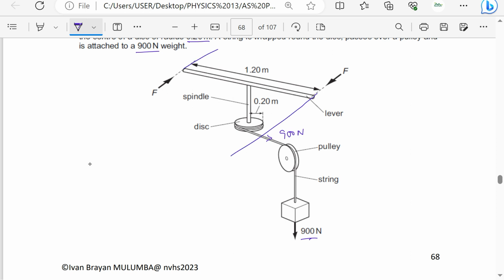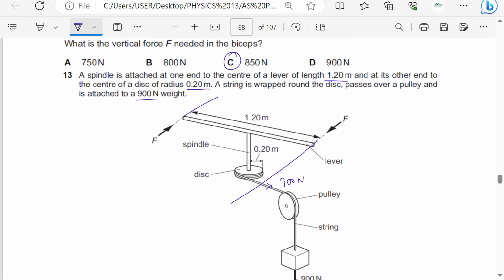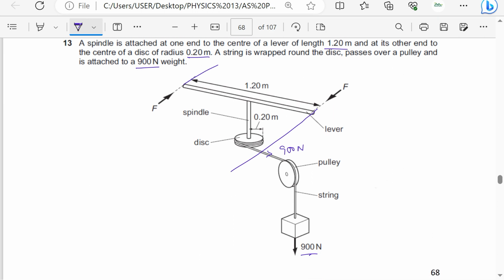A spindle is attached at one end to the center of the lever, and at its other end to the center of the disc. A string is wrapped around the disc, passes over a pulley, and is attached to a 900 Newton weight.